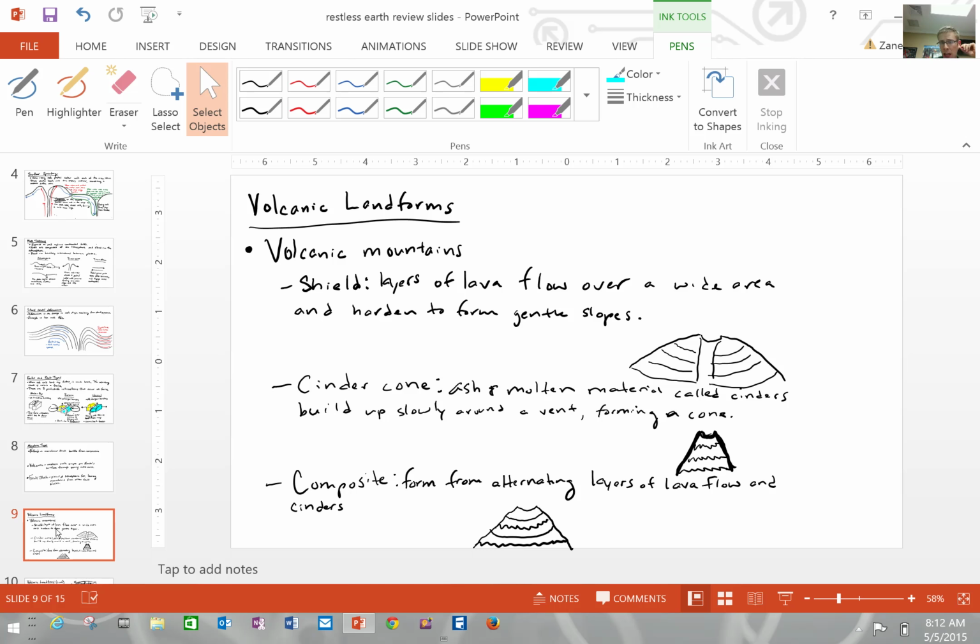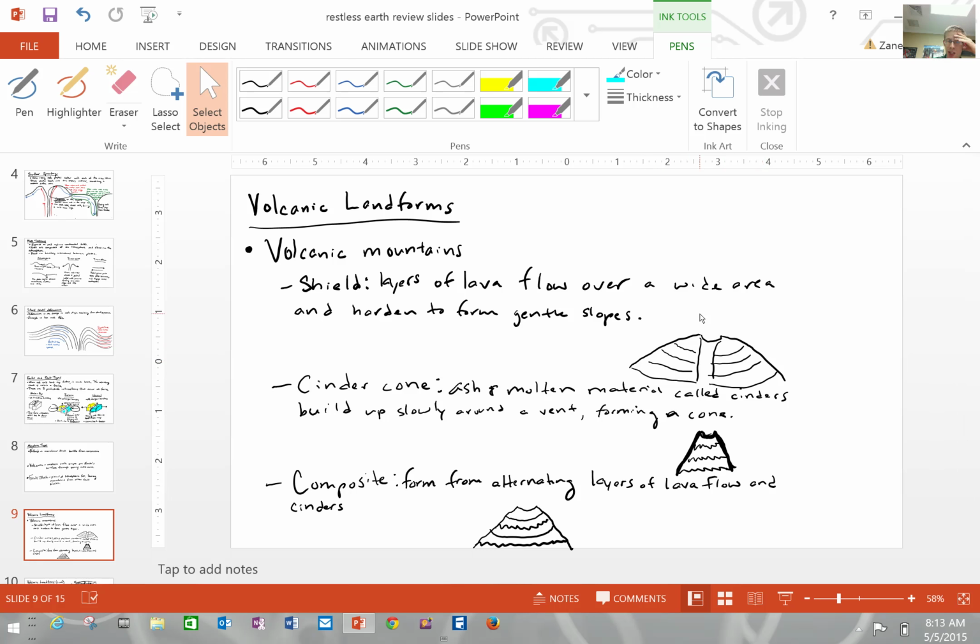So shield volcanoes, I've tried to draw one for you right next to the definition, but we basically have a gently sloping volcano. You notice it's not as steep as the drawings I've drawn below. And I've tried to put layers in here, layers of rock.